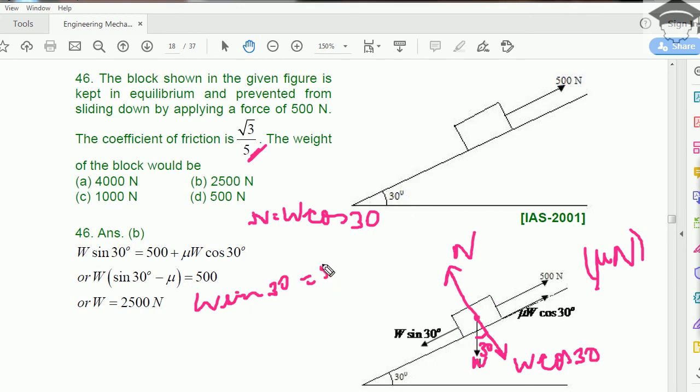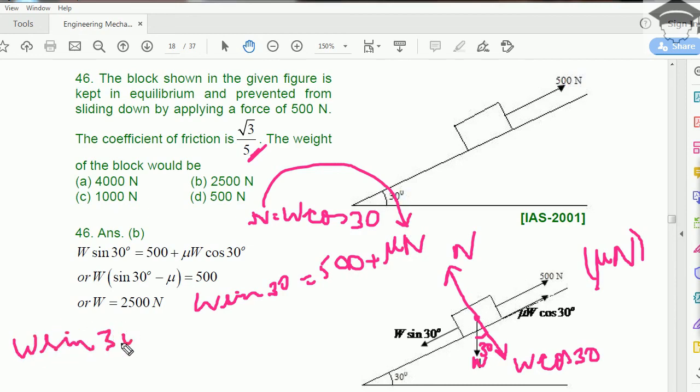N was equal to W cos 30, so substituting, finally it will be root 3 by 5 into W cos 30 plus 500 newton is equal to W sin 30. Sin 30 and cos 30 values you know, and you have to find W.